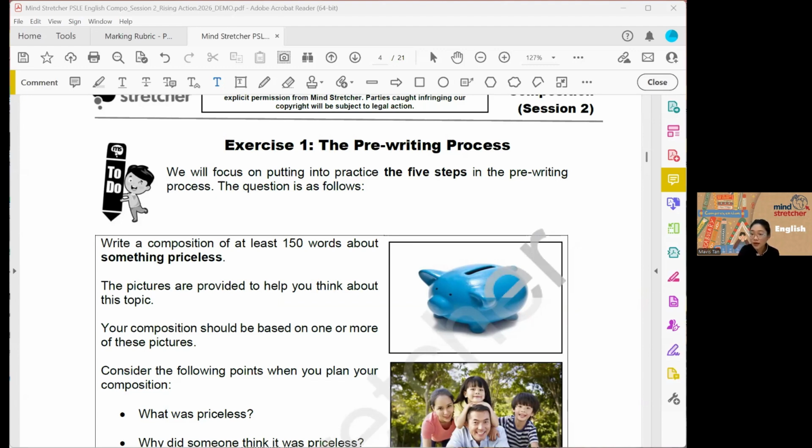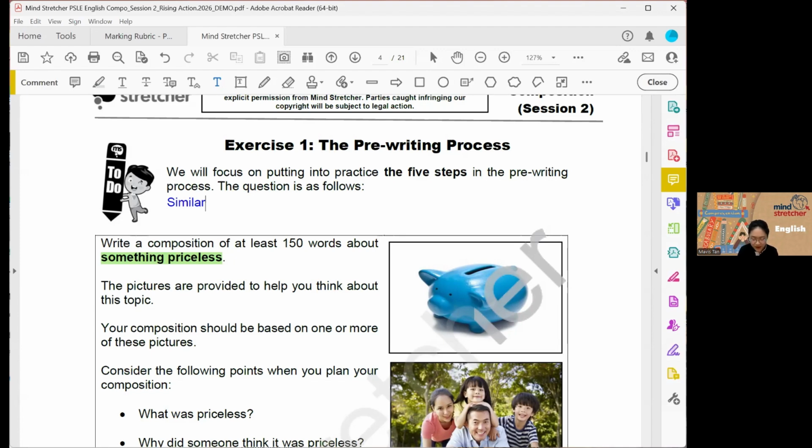So the first thing I want to ask everyone here to share with me in chat is, when you see today's topic, something priceless, what are some similar composition topics that you think come up? Or you would say, if I plan for something priceless and this other thing comes out, I can use very similar storylines and vocabulary, characters.